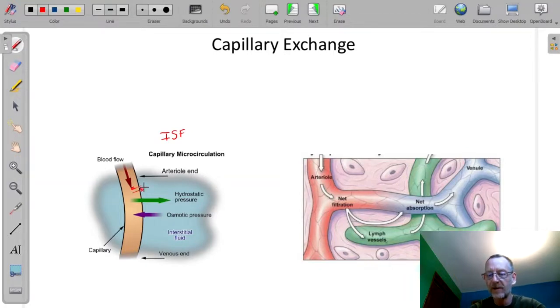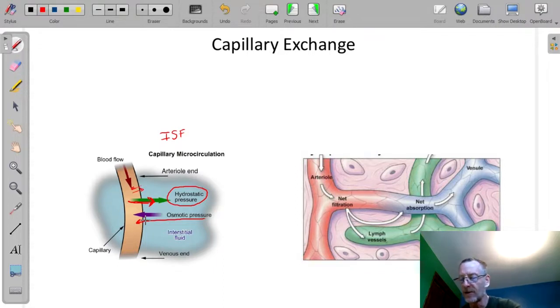The forces that we're going to be looking at are hydrostatic pressure, which is essentially fluid pressure, and it's highest in the blood vessels, so it's pushing the fluid, the liquid portion of the plasma, out through the pores of the capillary, and then osmotic pressure within the blood is drawing it back in. So forces out plus forces in are what we're going to be looking at. So it's that exchange of fluid.